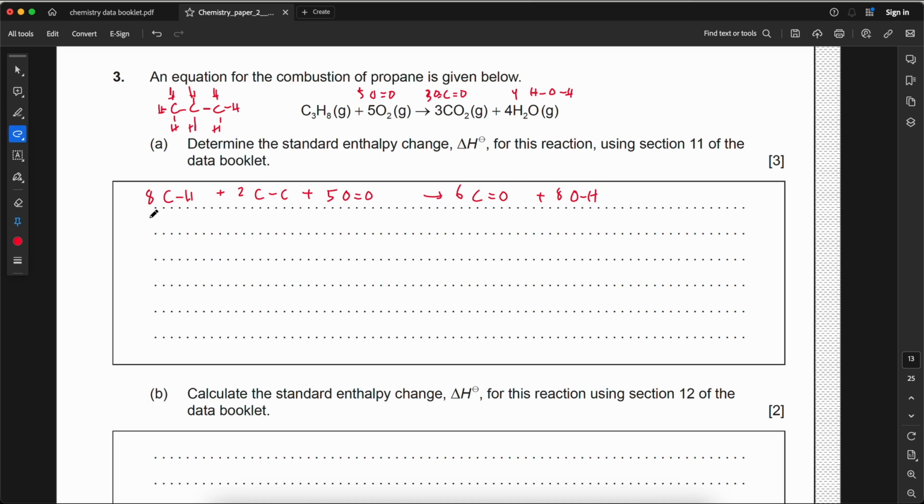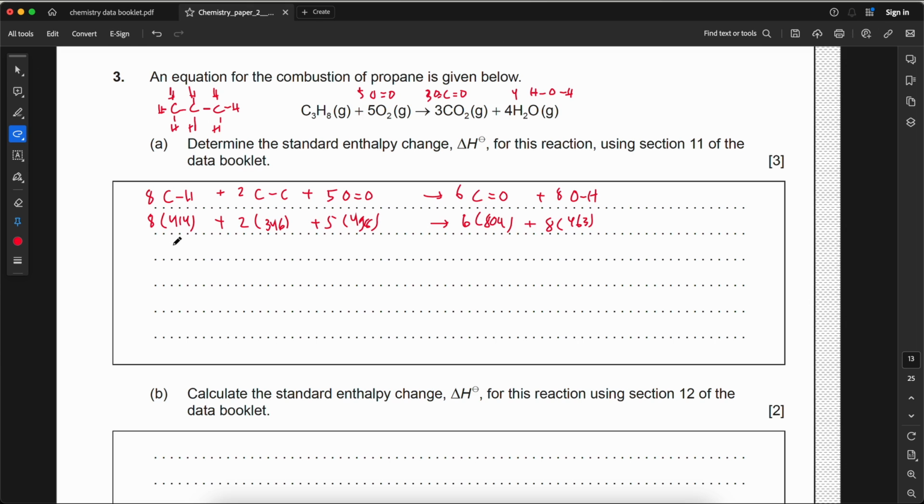So that would be 8 times 414 plus 2 times 346 plus 5 times 498. The 6 times 804 plus 8 times 463.